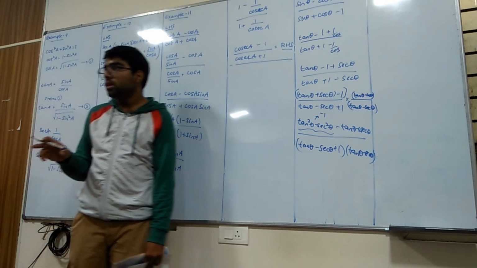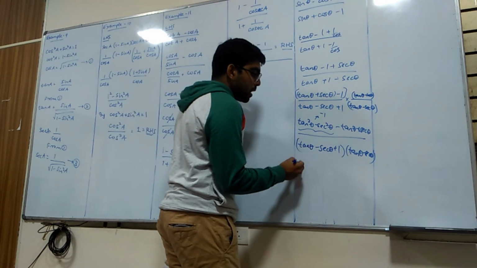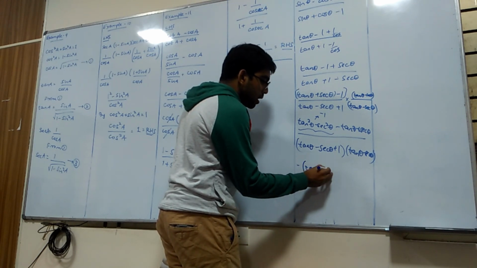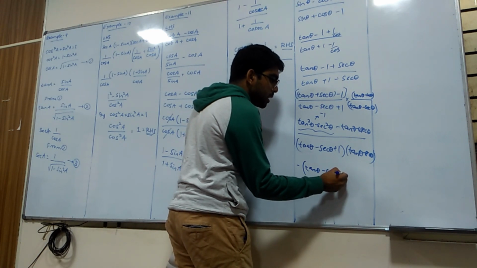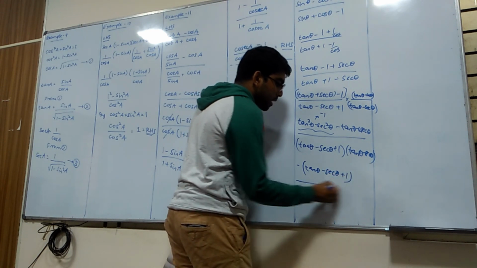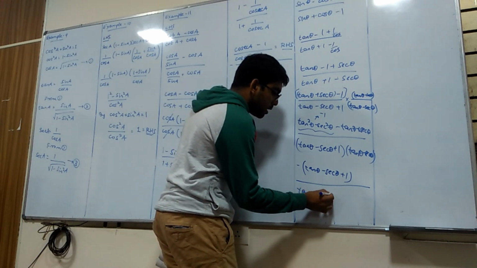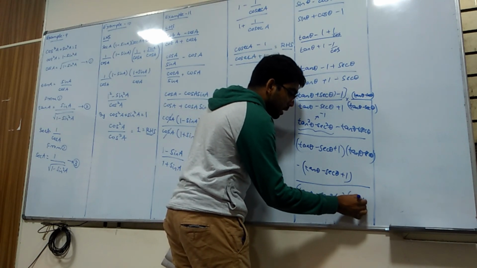Clear? Doubt? Okay. So here I will take minus common out: tan square theta minus secant theta minus tan theta plus 1, divided by tan theta minus secant theta plus 1 into tan theta minus secant theta.